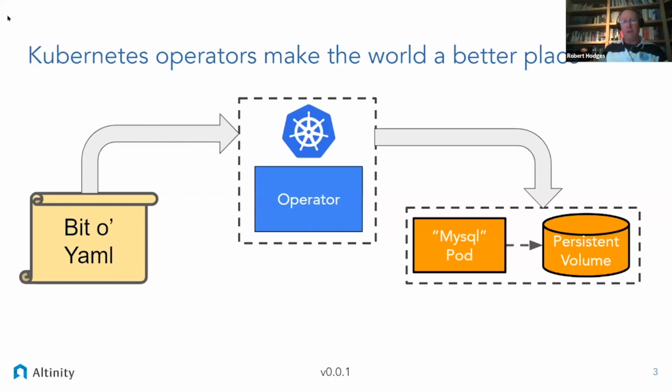If it's a simple operator, just doing, say, MySQL with persistent storage, it can be a really short piece of YAML, a few lines long. You submit it to Kubernetes. It has a resource name on it. Kubernetes will identify the operator that's responsible for that resource and forward it to it, and then the operator makes it happen.